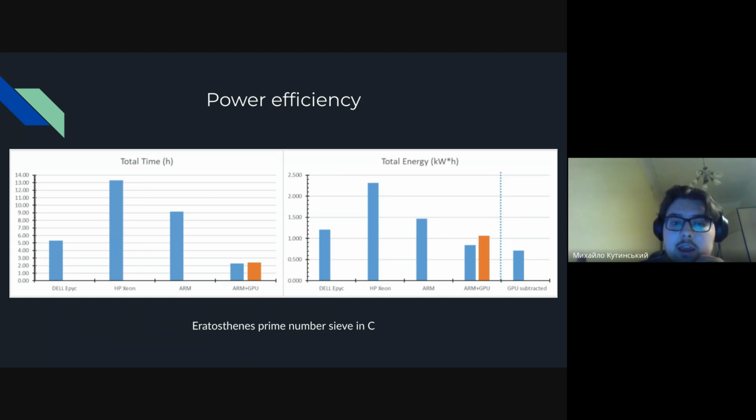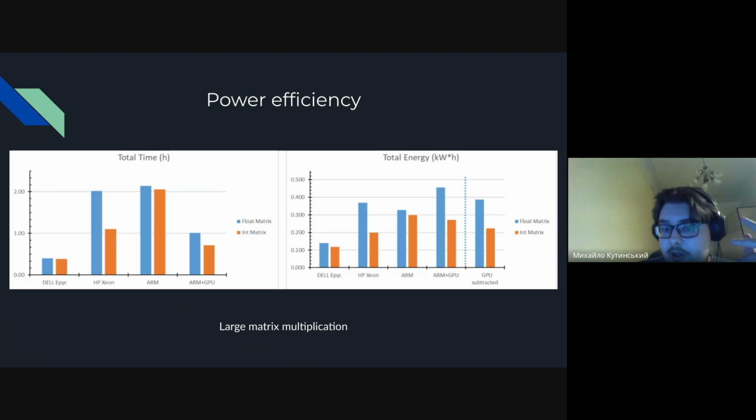And as you can see, the ARM plus GPU system is superior to all other systems, both in power consumption and time spent. However, I should clarify that all computations were made only on CPUs, and we can only fairly compare data from the Dell EPYC, which uses an AMD EPYC CPU, and the ARM plus GPU systems, because they are the closest competitors with roughly similar specs.